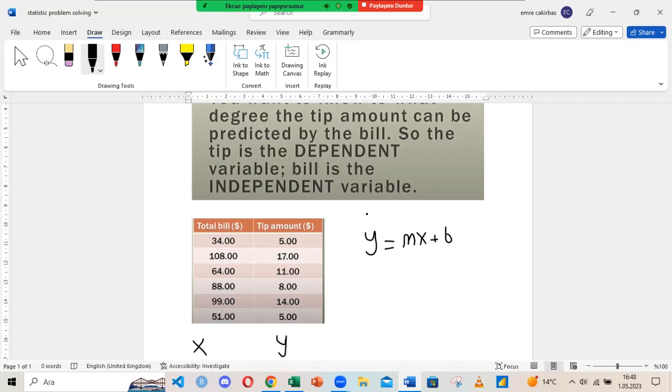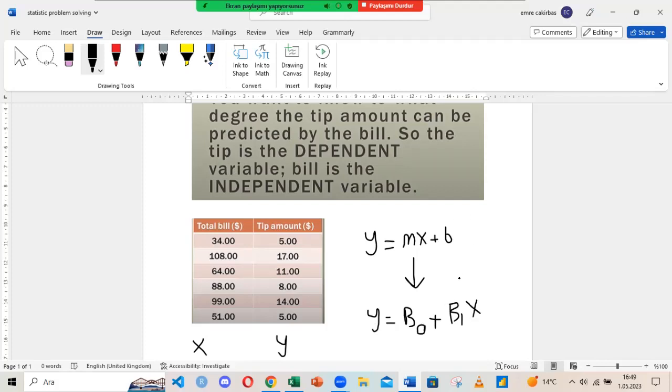This is the general formula, and to specify and implement it in linear regression, our formula will be y equals b sub 0 plus b1 times x.